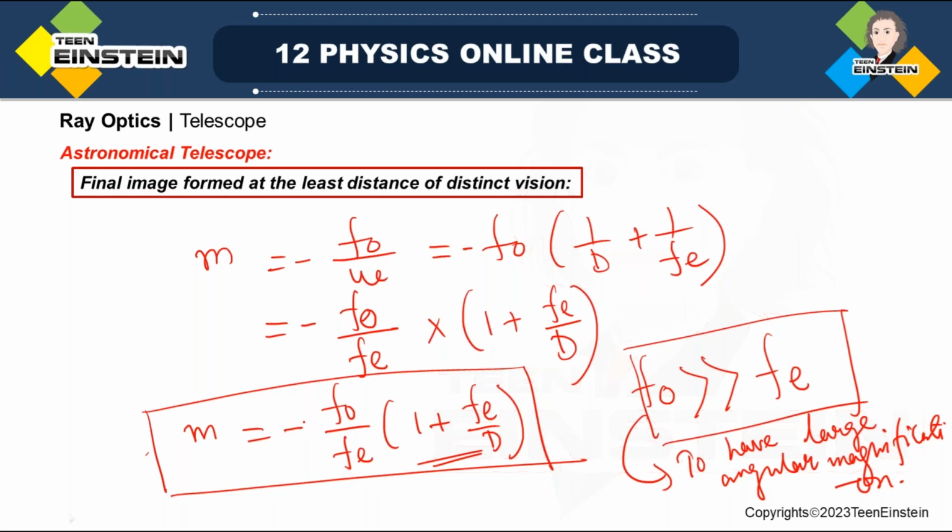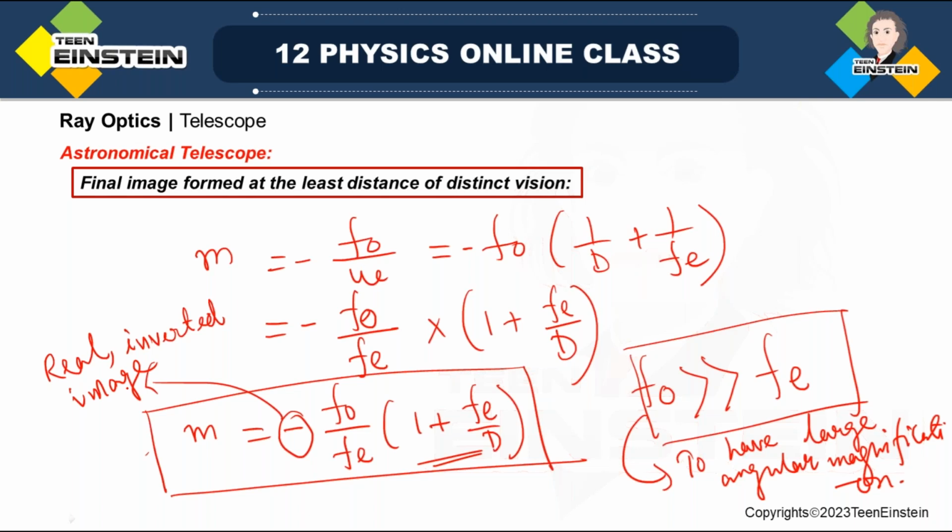Here the negative sign is coming, right? What does this mean? This negative sign means a real and inverted image. That is what this minus sign is saying.